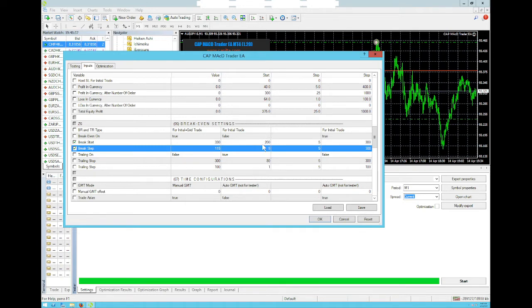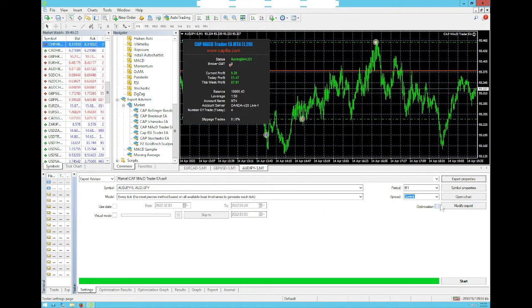So it goes up 200 points and it puts a step at 5. Or in this case, it goes up 300 and it puts a step at 115. I started mine at 200, and it'll check it every 5 points all the way to 300. Same thing over here, 5 with 5 steps all the way to 300. And that's my next step right there, guys. So I'm going to put OK.